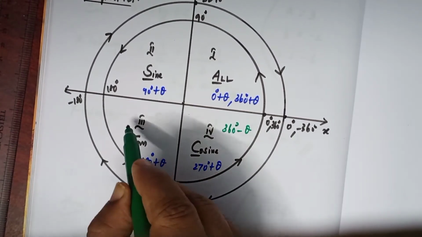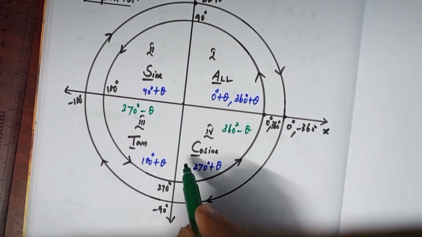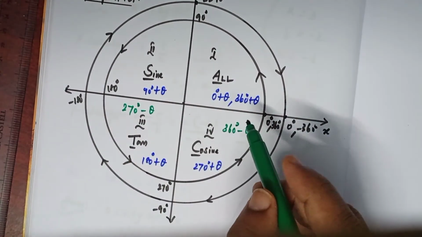Here 270, so this quadrant represents 270 degree minus theta, full of clockwise direction.